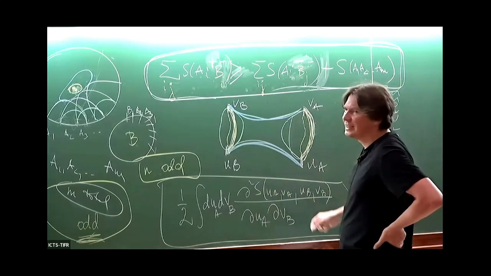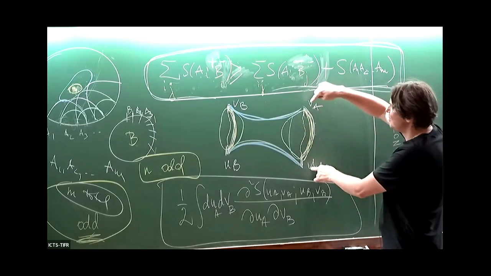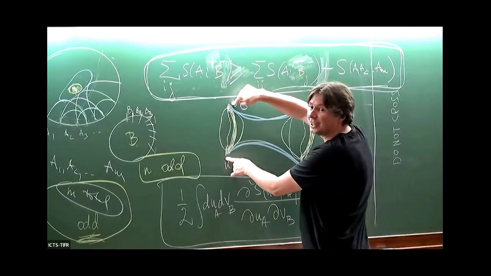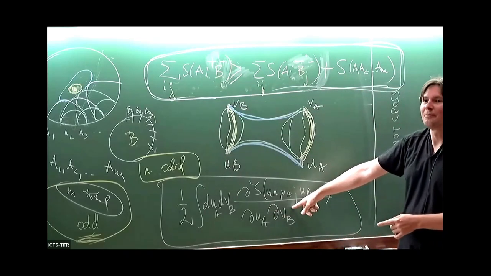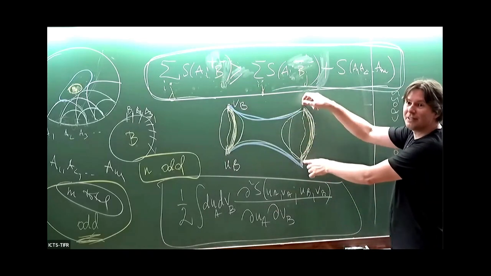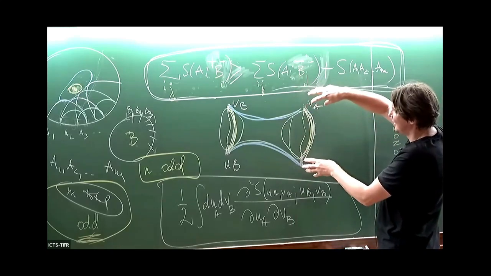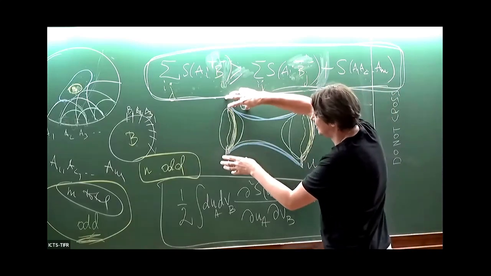In the yellow phase, the entropy is a sum of something which depends on UA and VA, plus something that depends on UB and VB, correct? I hit it with this partial, I get 0. What about the green phase? In the green phase, I again have the sum of something that depends on VA and UA, plus something that depends on VB and UB.